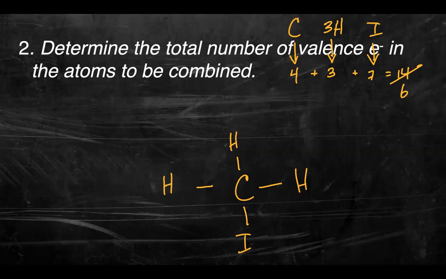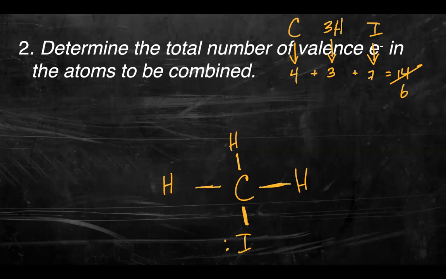So it is not going to have an octet. I don't ever want to see any of you drawing dots around hydrogen. Nuh-uh. No way, no how. Carbon, if you count your lines, already has 2, 4, 6, 8 electrons around it. It already has an octet.